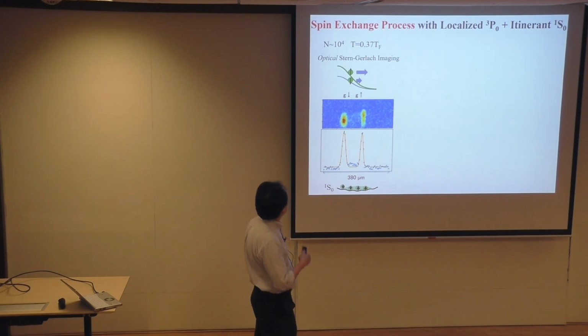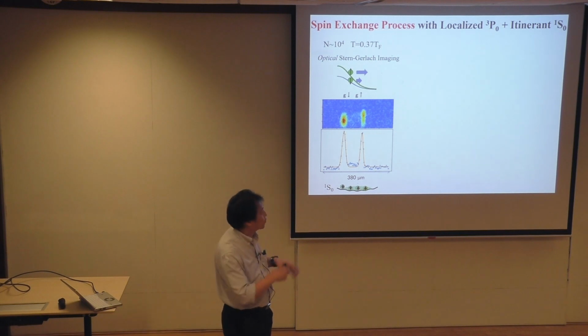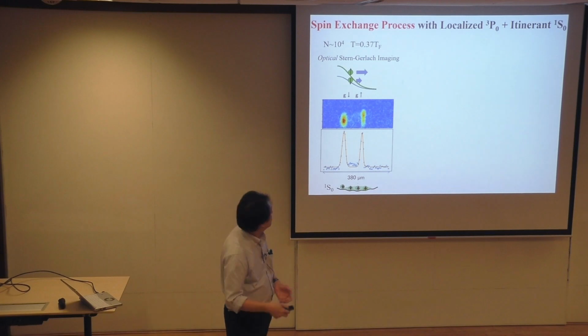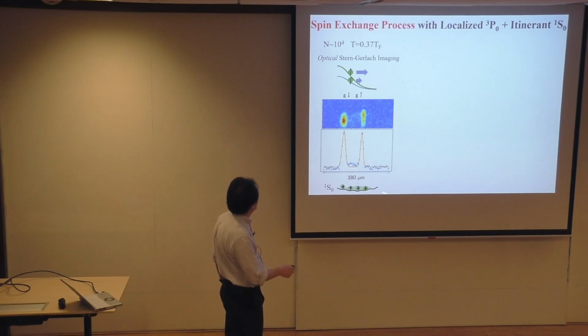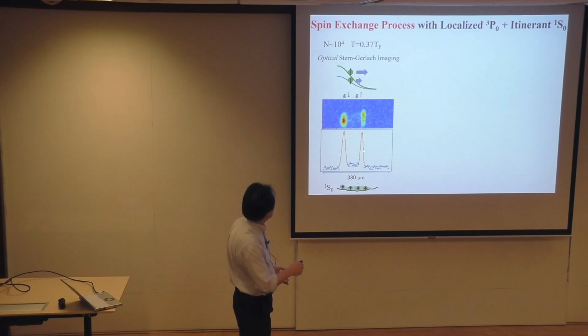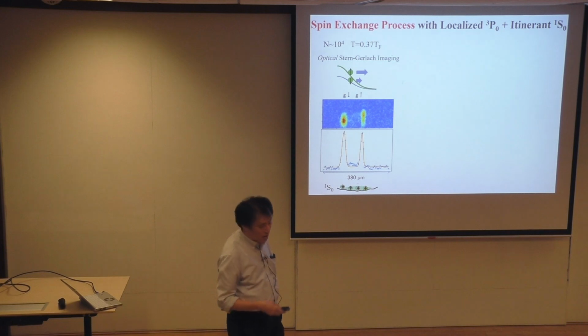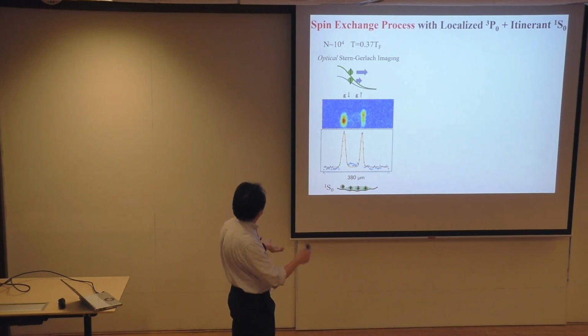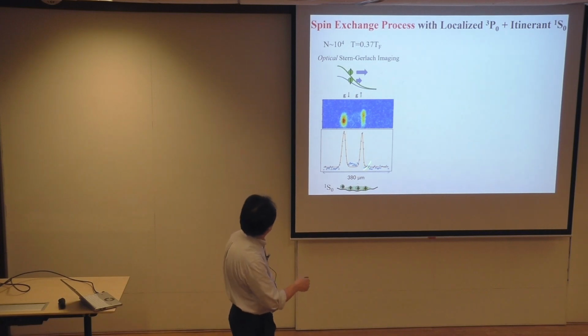The second measurement is about the spin exchange process. For this purpose, we applied an optical Stern-Gerlach imaging method to separately image the spin up and down in the ground state. With this method, we clearly image spin up and down separately, as shown here. There is almost equal population in the ground state, spin up and down.